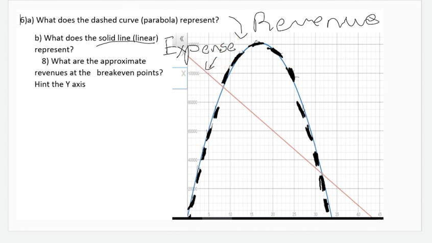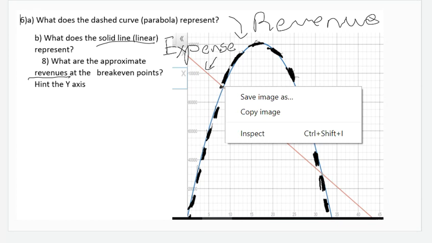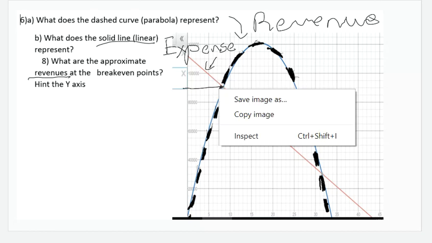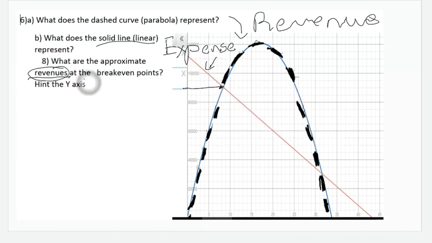What are the approximate revenues at the break-even points? That means we go here and we go across. For this one, it's where they intersect, and they're asking for the revenues, so we're looking at the y-axis values. It's halfway between 100,000 and 80,000, so that's 90,000 for the first one.